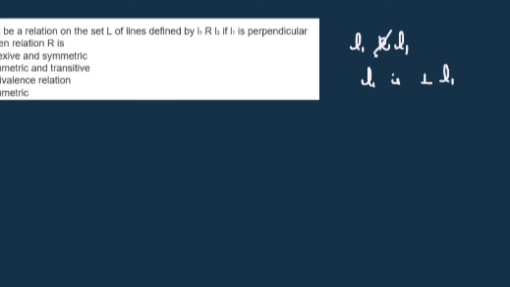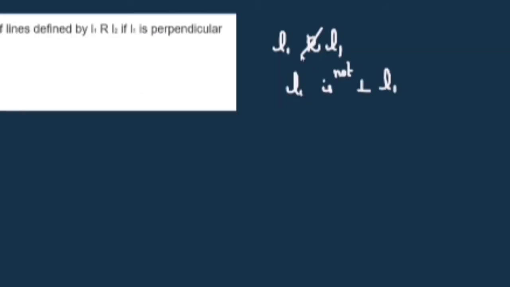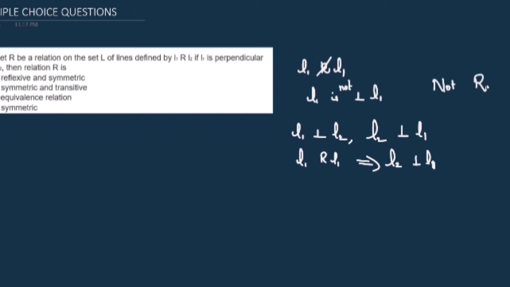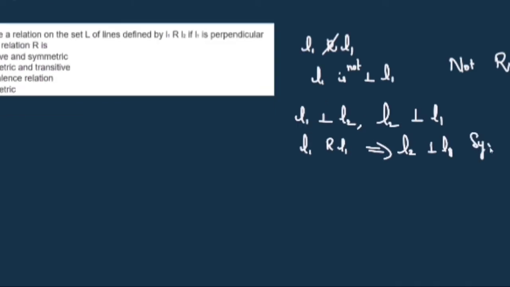So L1 is not related to L1, therefore it is not reflexive. Now, is it symmetric? If L1 is perpendicular to L2, then L2 will be perpendicular to L1. The relation is not reflexive, but it is symmetric.